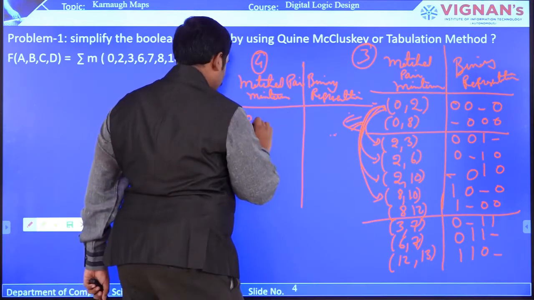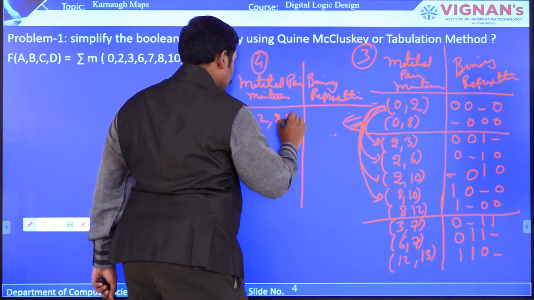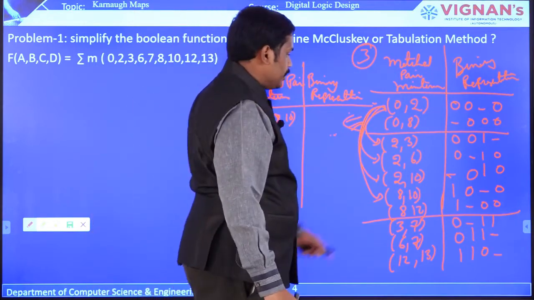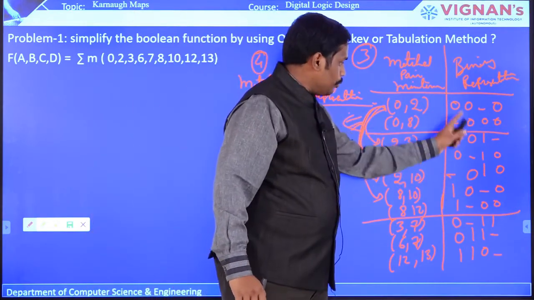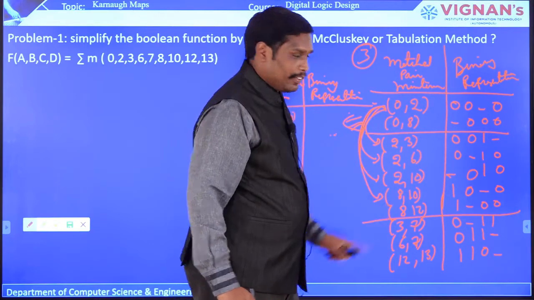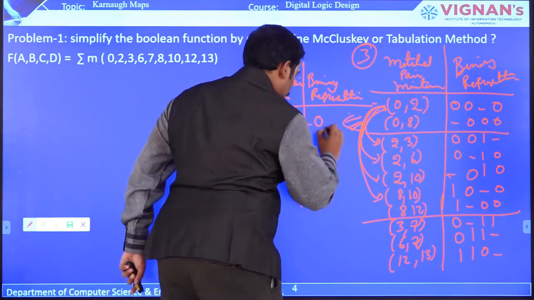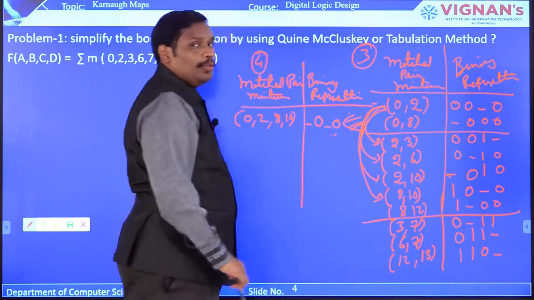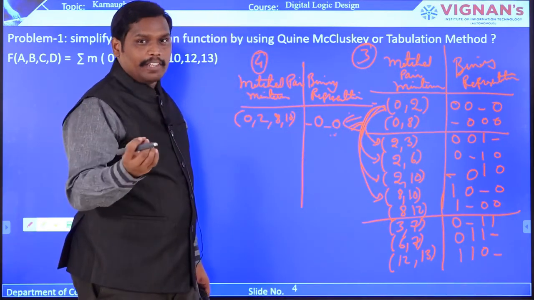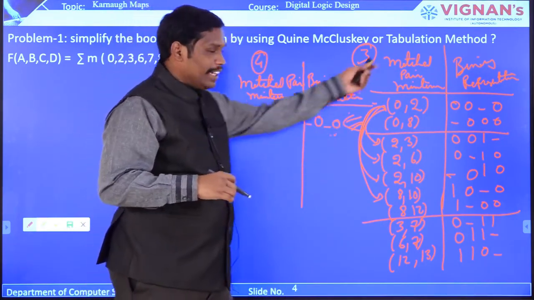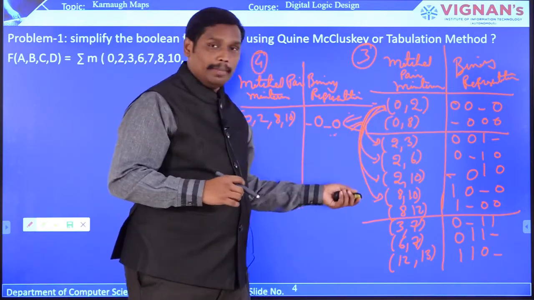So 0,2,8,10. Now you tell me the bit positions. Since the third bit is underscore in both, they are the same, but the first bit position is different. So we will be writing underscore 0 underscore 0. This is the new matched pair that we have generated from the existing matched pair minterm table.